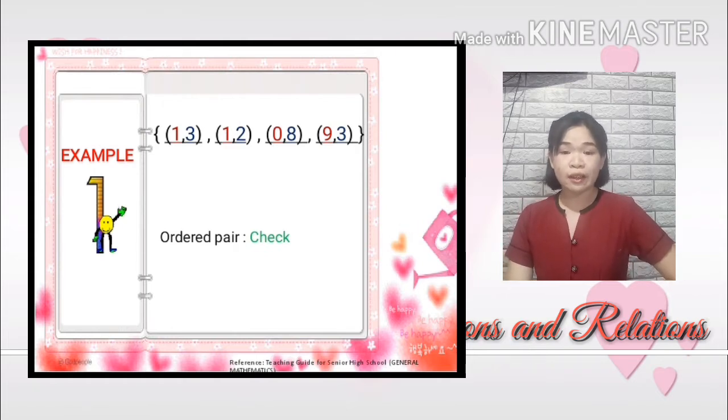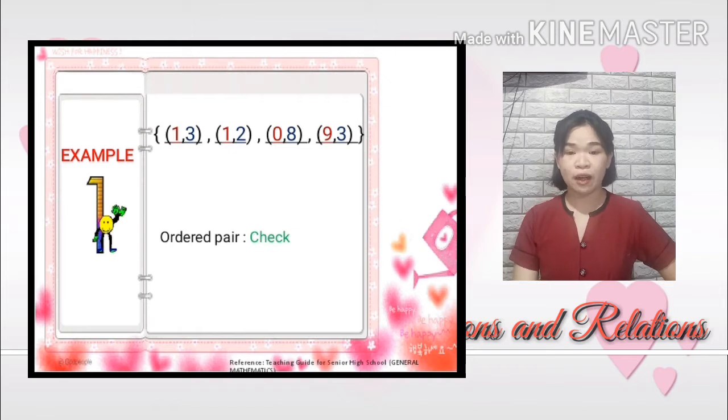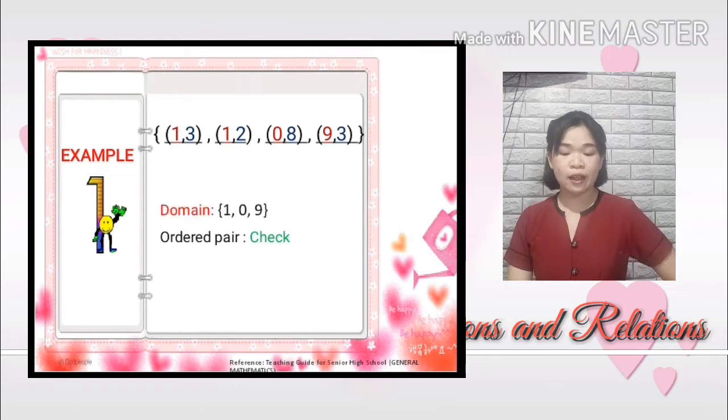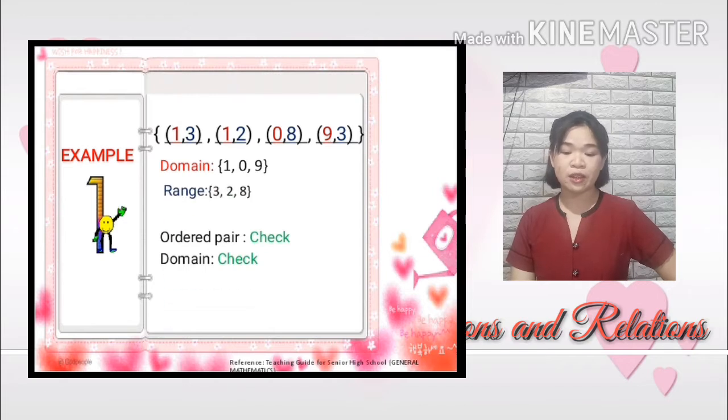So the domains are, I colored red all of the domains, which is 1, 0, and 9. So as you can see, 1 appears twice. So we don't have to write it twice in our domain. 1 is enough. It's just the same. And then the blue one is what we call the range. So these are the set of 3, 2, and 8.